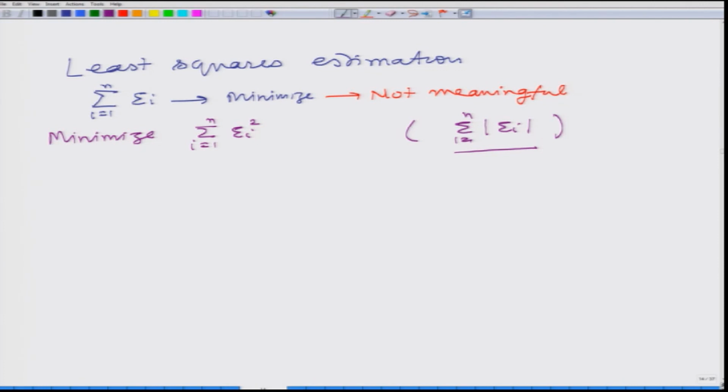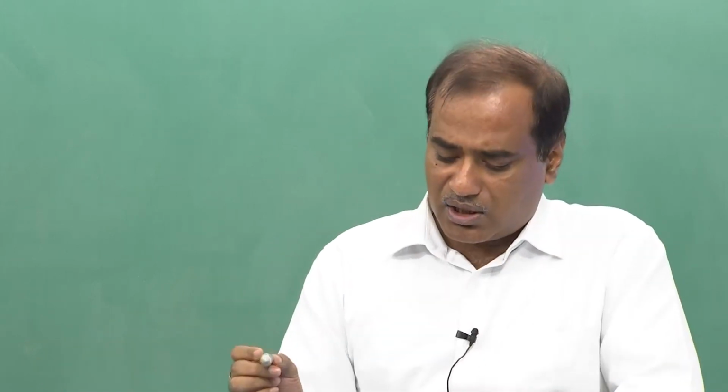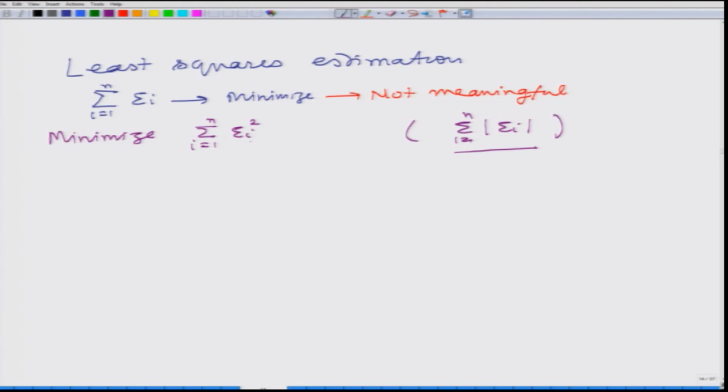This is also available in the literature. This is called the least absolute deviation estimation technique, but in this course we are not going to talk about it. So, we will consider that we want to obtain the values of the parameter by minimizing the sum of squares of the random error, right.